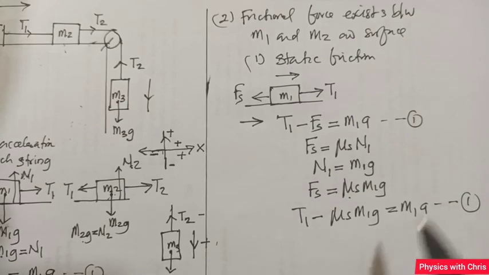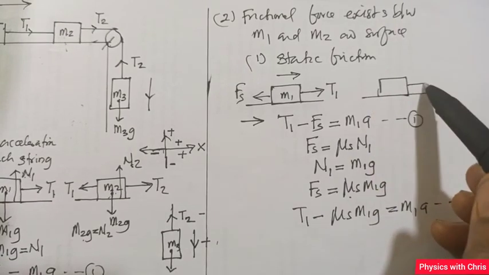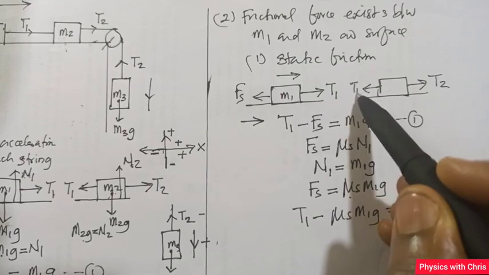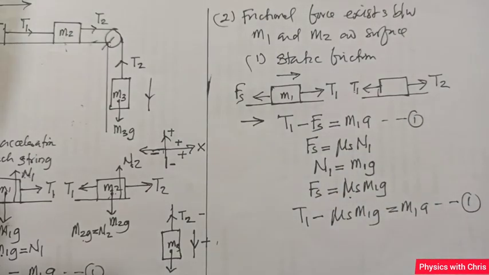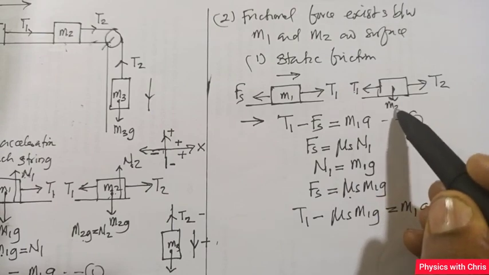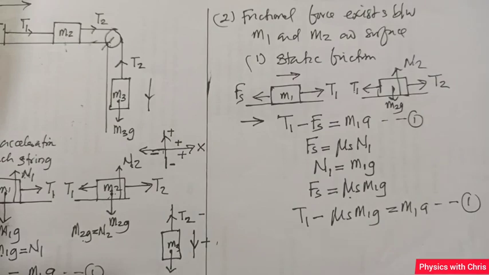Now for the second block, M2, we have T2 acting this way. We also have T1 acting this way, the same as this because of Newton's third law of motion. They pull each other with the same force. Then I have my M2G, the weight of this block M2, and the normal force, I call that N2.